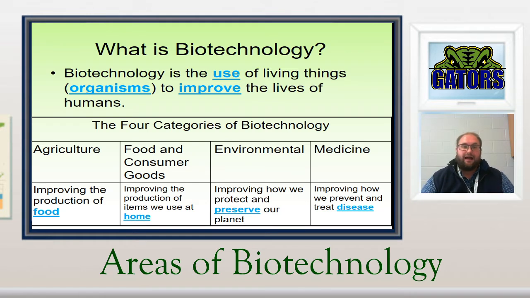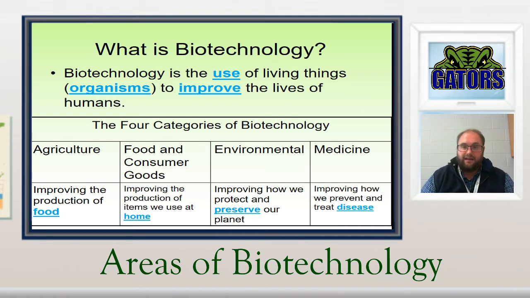So, agricultural biotechnology is about improving the production of food, getting more food, better quality food, or better nutrition from our food. Food and consumer goods is improving the production of the items we use at home, those things that we purchase to make our lives easier in the home.